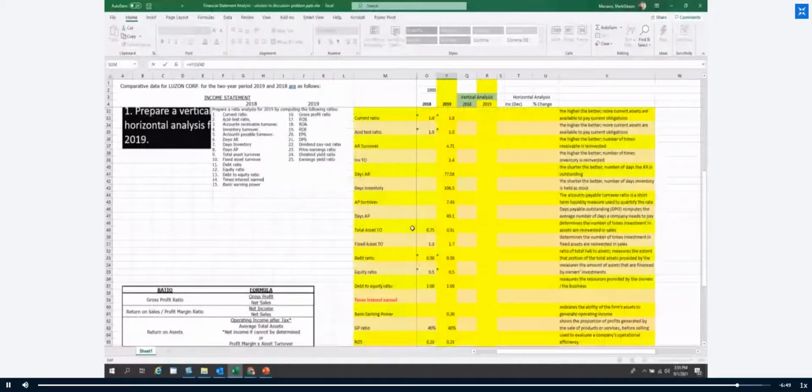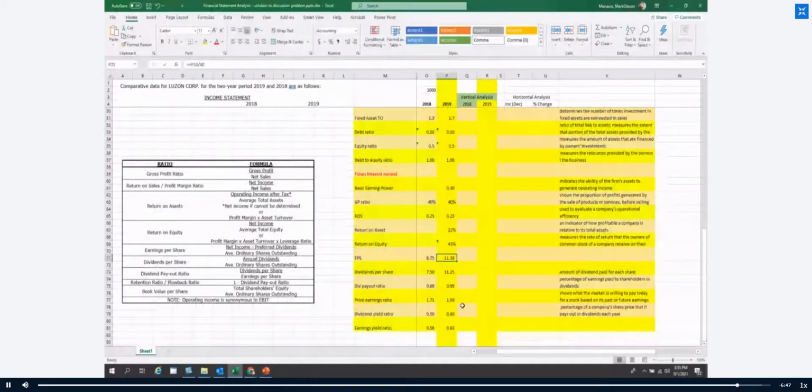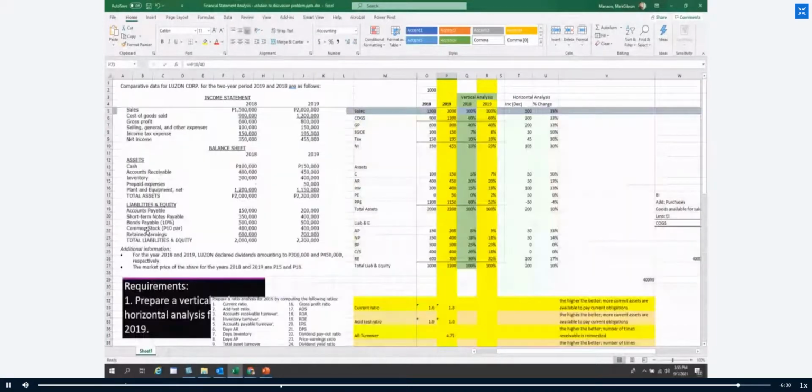This is the earnings per share. Meaning, in this case, class, we don't have a preferred stock, so we only have common stock. What an EPS is telling us is the amount in peso that each share can get out of our net income.